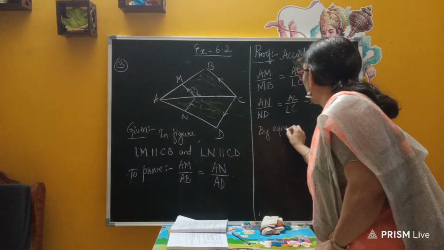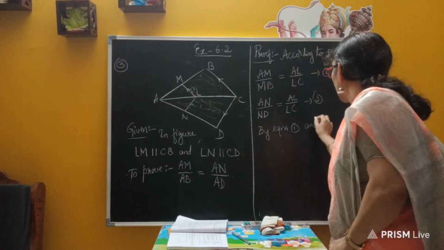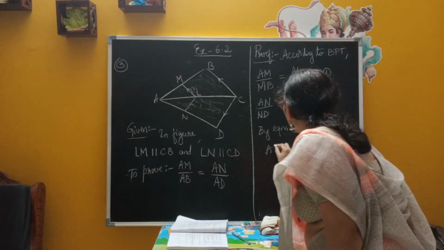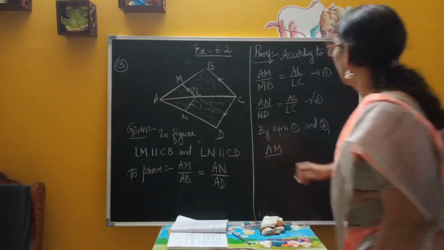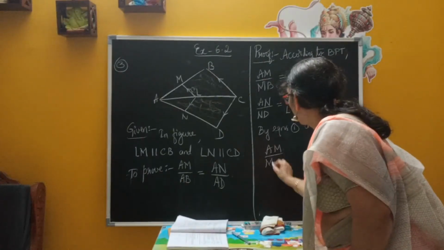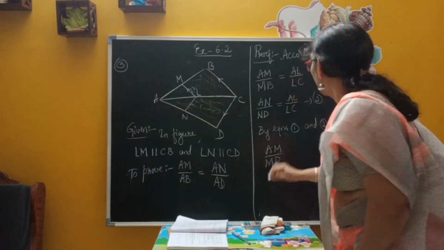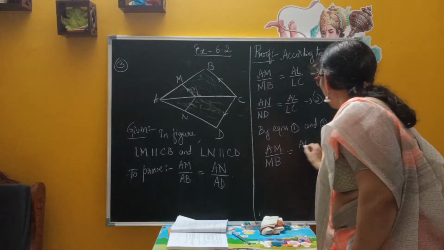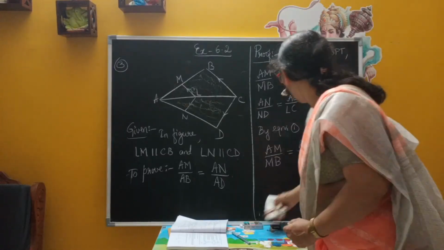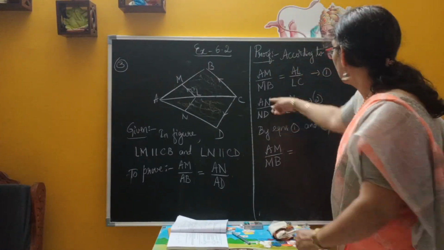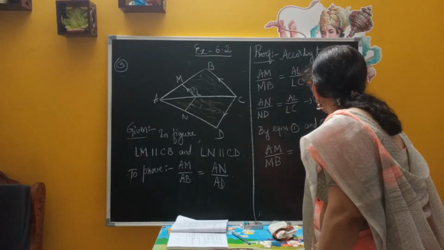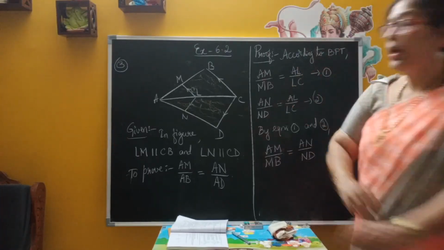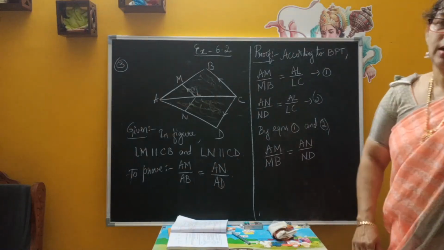So by equations 1 and 2, what do you say? AM by MB is equal to AN by ND.